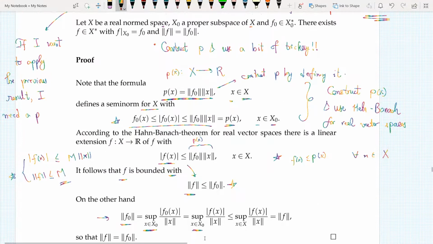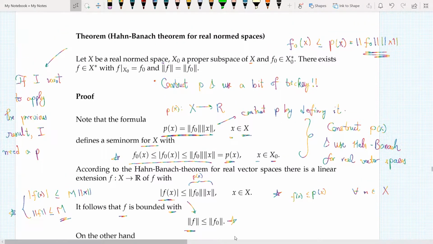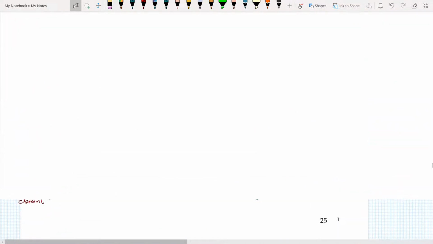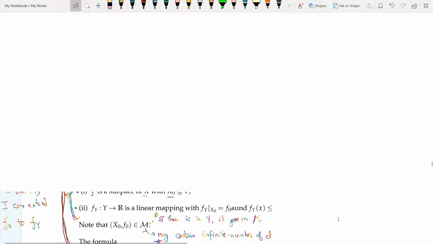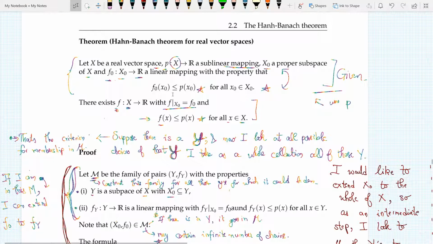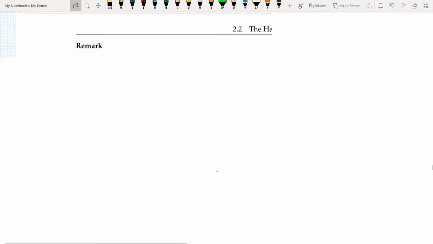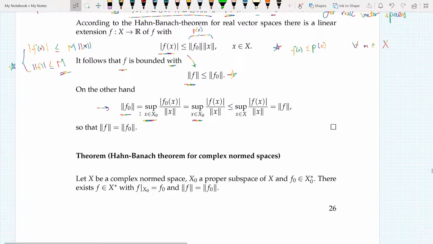As we have seen, when I used Hahn-Banach I had this construction, where F restricted to X0 is equal to F0. That is the reason why in this step F restricted to X0 is equal to F0.